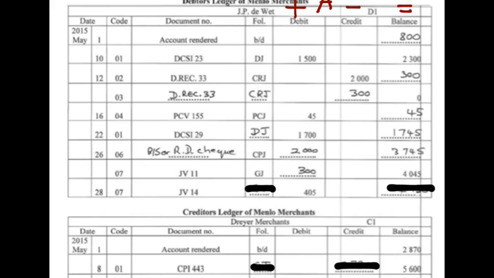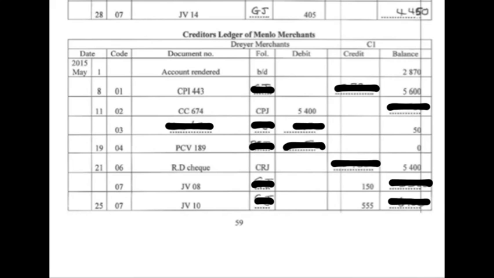That journal voucher is probably due to interest charged onto our account, so it comes from the general journal. 405 Rand in the increasing column, in the debit column, therefore causes an increase onto my balance that makes my balance 4,450 Rand.